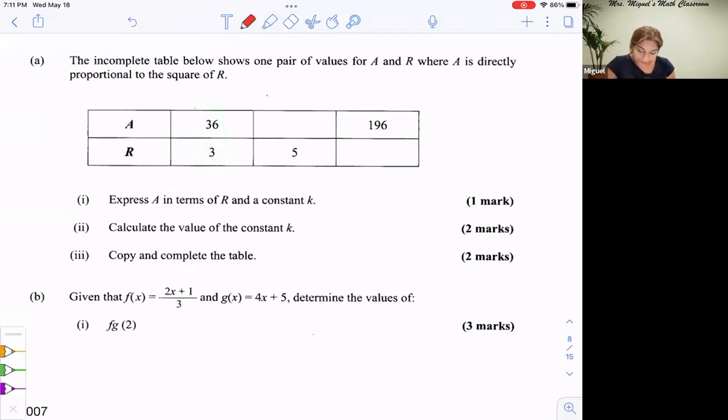So A and R are the variables, and A is directly proportional to the square of R. So if I square R, it is R squared. So A is directly proportional to R squared. Don't get confused just yet. Change this to the symbol and then change the symbol to the equal sign.